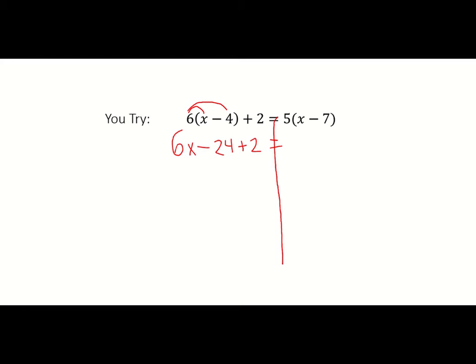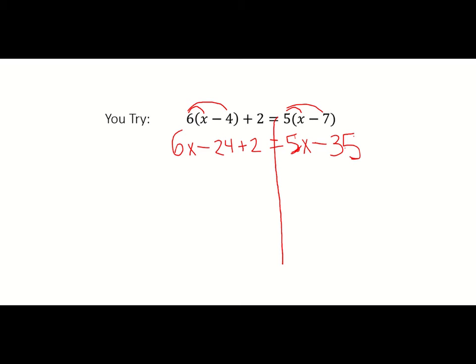On the right-hand side, I want to distribute 5 to the x and the negative 7 inside the parentheses. 5 times x is 5x. And 5 times negative 7 is negative 35. At this point, I would want to combine any like terms that I have on the left side or the right side.